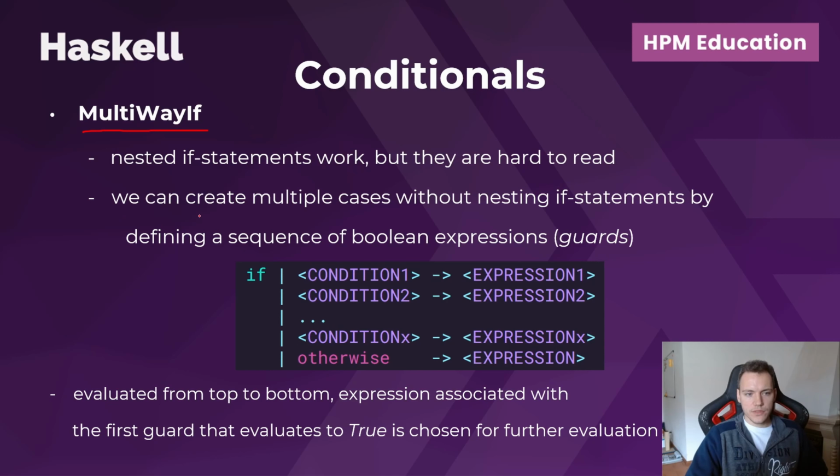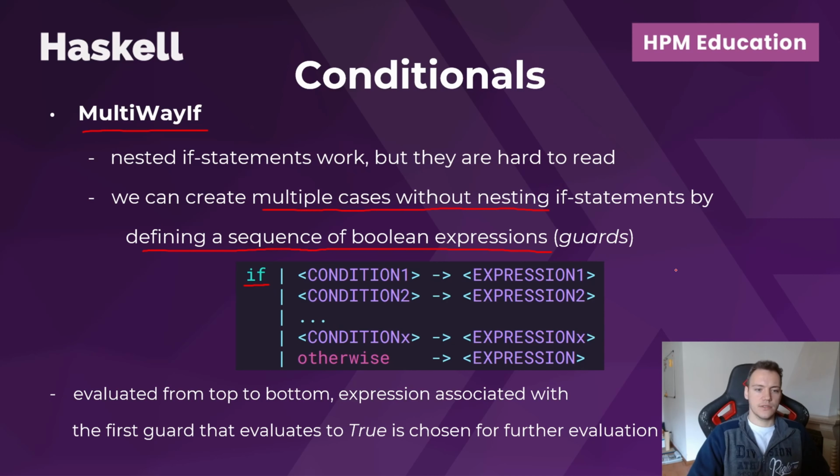With multi-way ifs, we can create multiple cases without nesting if statements. We do this by defining a sequence of Boolean expressions, and we call these expressions guards. The syntax looks like this. We have the if keyword, and then a series of pipe symbols that each represent a condition tied to an expression.